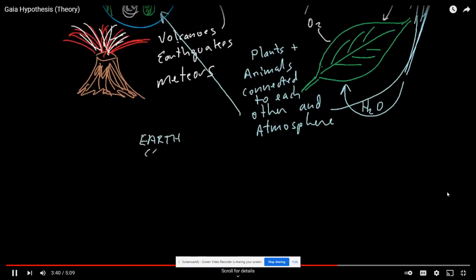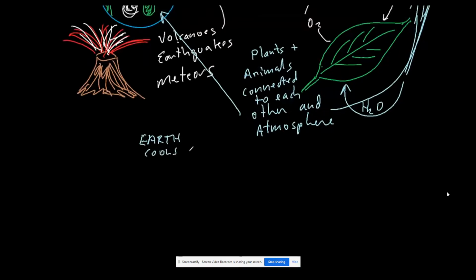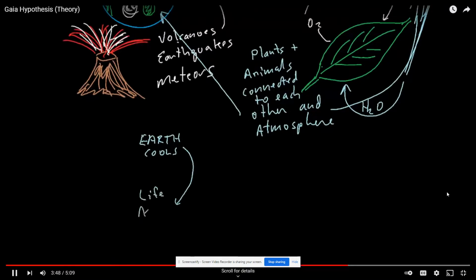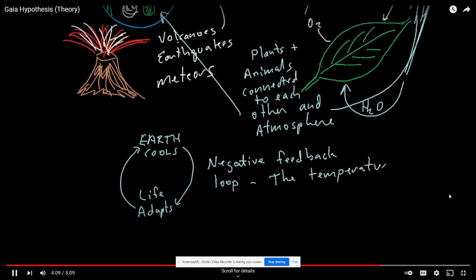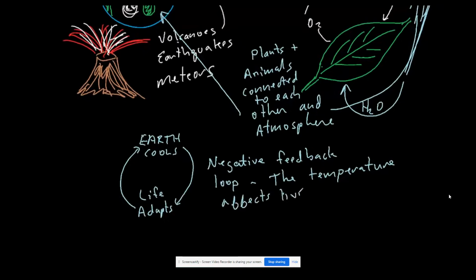If the amount of plants reduced, for example, or the amount of reflective ice changes, or CO2 is added to the atmosphere, this can cause more heat to be absorbed, and that raises the temperature a bit, which might affect the life as well, which then affects the gases in the atmosphere or the reflectivity of the planet itself, which might then again cause the temperature to lower a little bit. So the Earth is governed by this thermostat of living things, if you will, and that maintains the homeostasis.